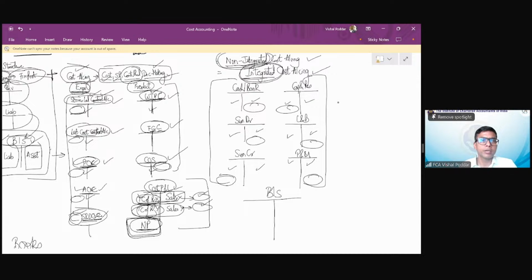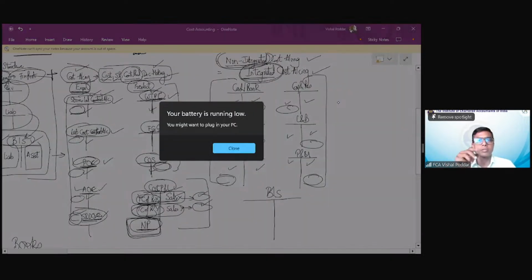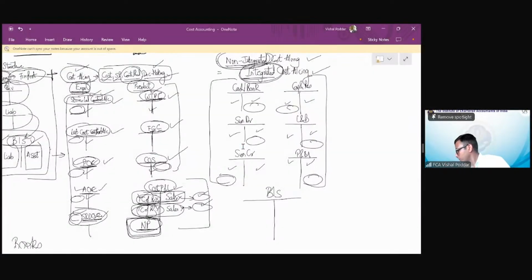So even the second requirement of your financial accounting, that is knowing your total assets and liabilities, will also get satisfied. It means with these set of accounts, I will be able to achieve the purposes of both cost accounting and my financial accounting in one book.